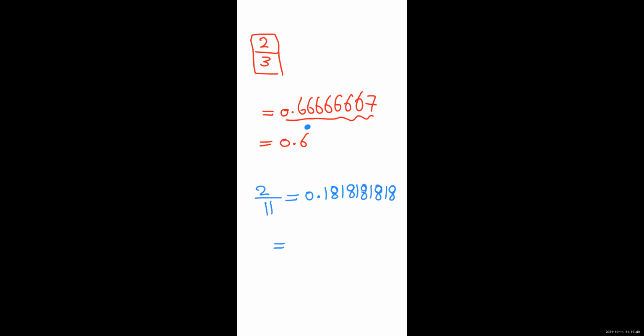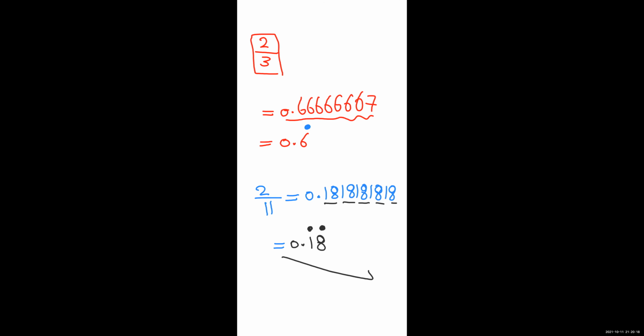Listen, now here, which number is repeating? Actually, it's 18. So 0.18, and now 1 is repeating, 8 is repeating. So we put a dot above 1 and a dot above 8, like that. Okay, clear?